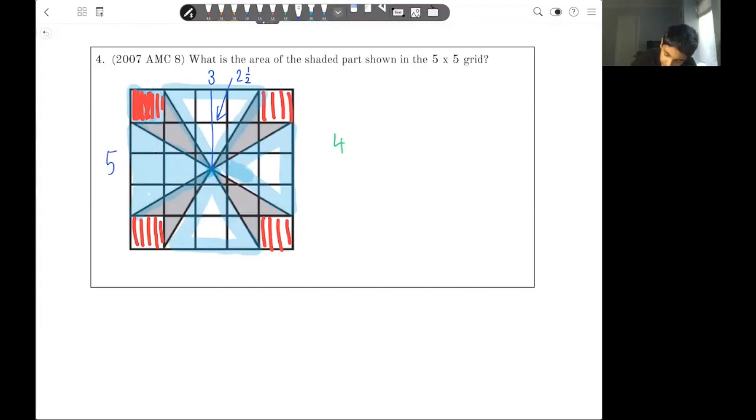We're given it's a 5x5 grid. The whole length is 5, and the height of this triangle is just going to be half of it, so 2.5. And that means the area of one of these triangles is just going to be 3 times 2.5 divided by 2, which is just going to be 15/4.